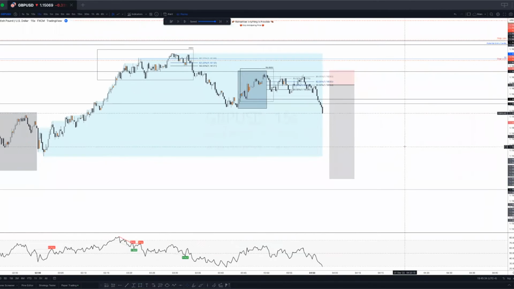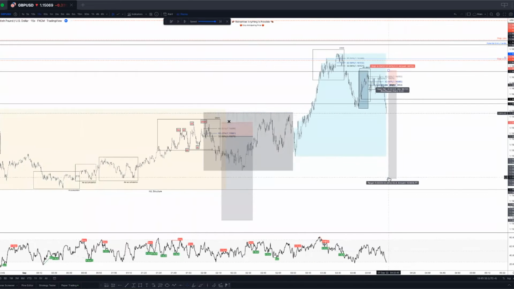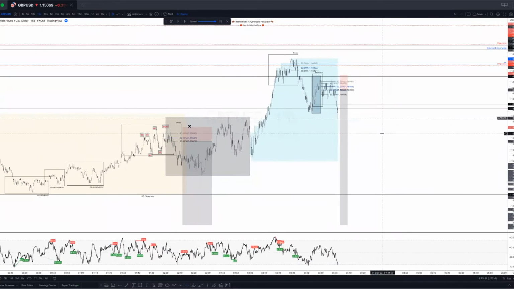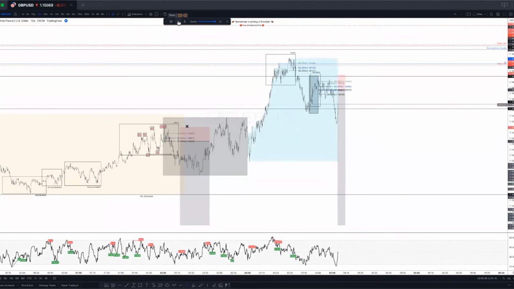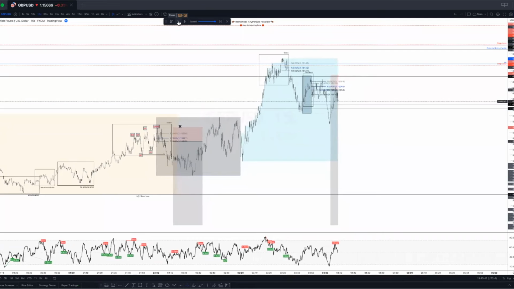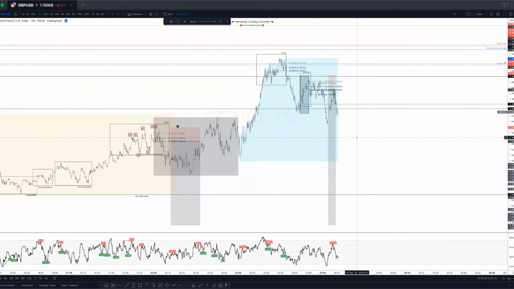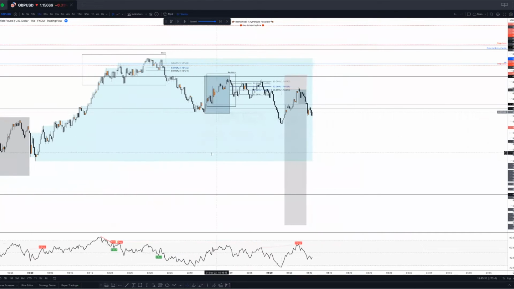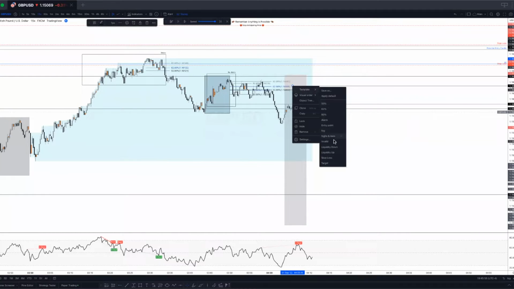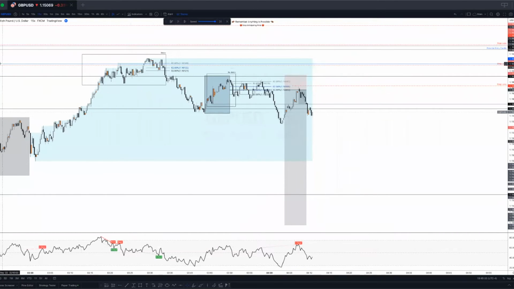Let's see if we target Asia lows. See what happens. Okay, and we are in, and right now we are at reduced risk. Immediately after it broke the inner structure, we are at reduced risk.